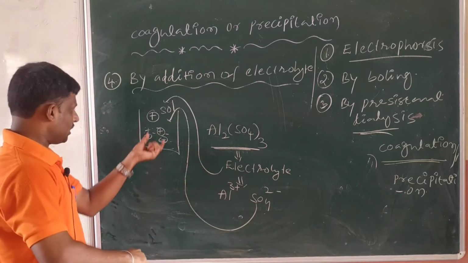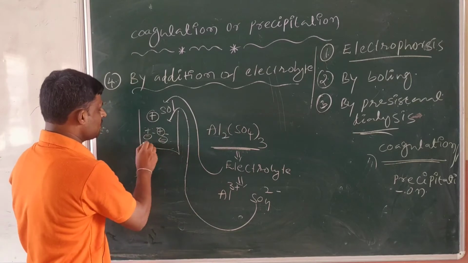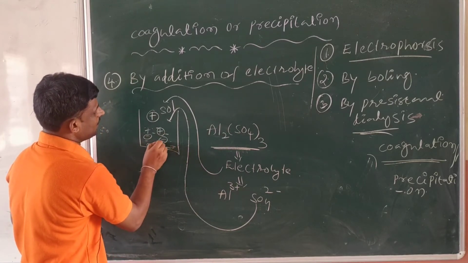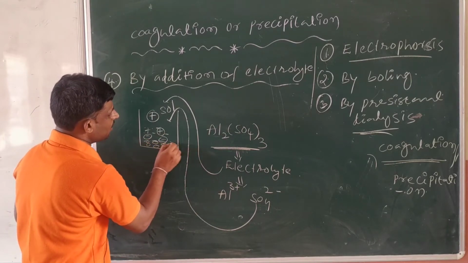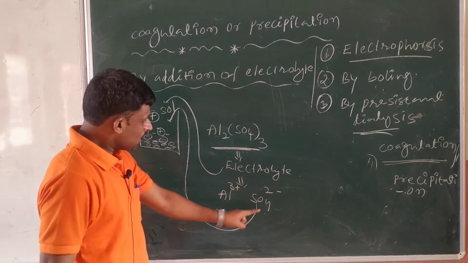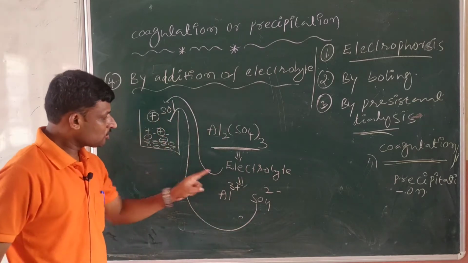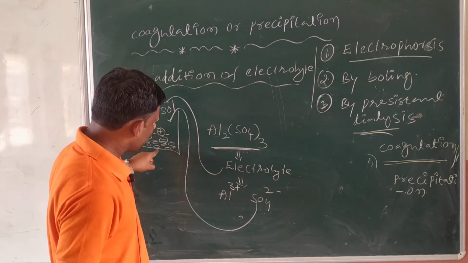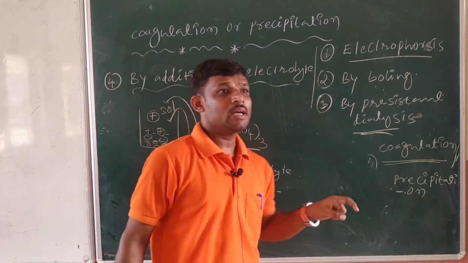When the colloidal particles become neutralized, they may settle down. Here precipitation takes place. So SO4 2- is the ion produced by the electrolyte.